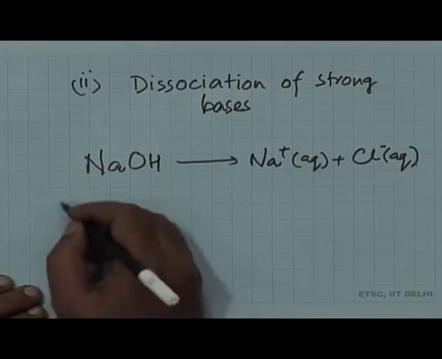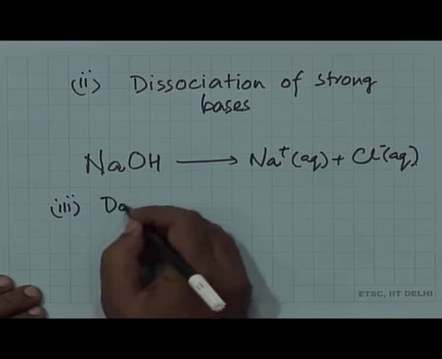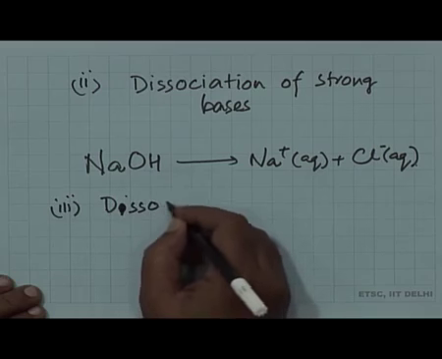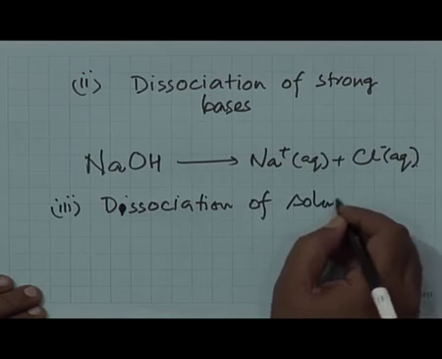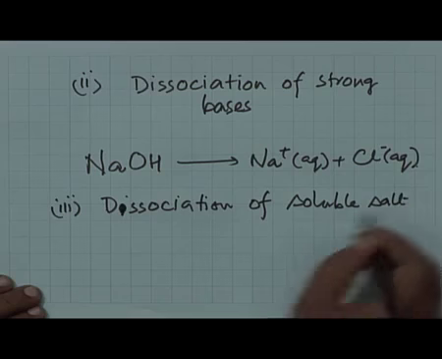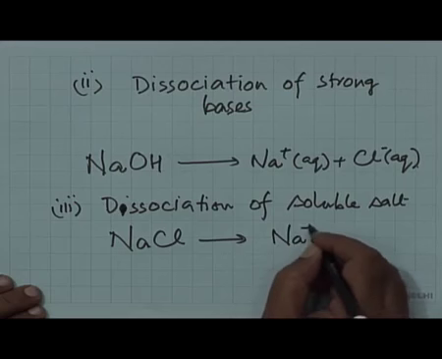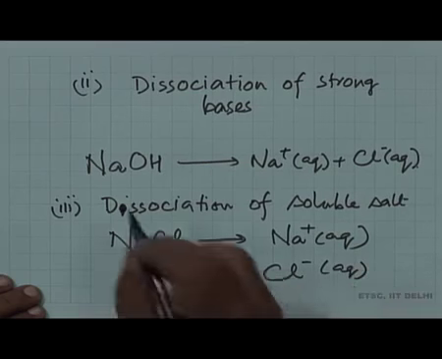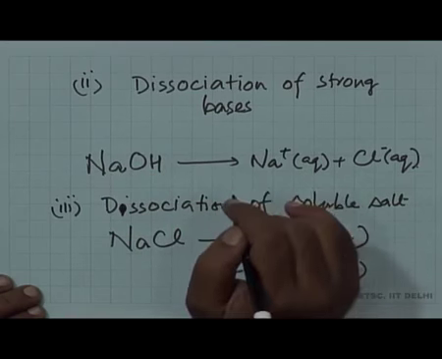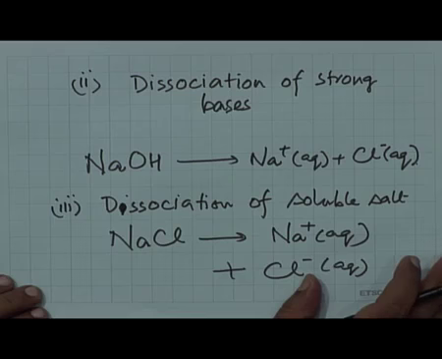And the last one is dissociation of soluble salts, for example, NaCl. This is also irreversible. This gives you Na plus aqueous plus chloride ion aqueous. So, dissociation of strong acids, strong bases or soluble salts are irreversible, and we cannot apply the concept of equilibrium.